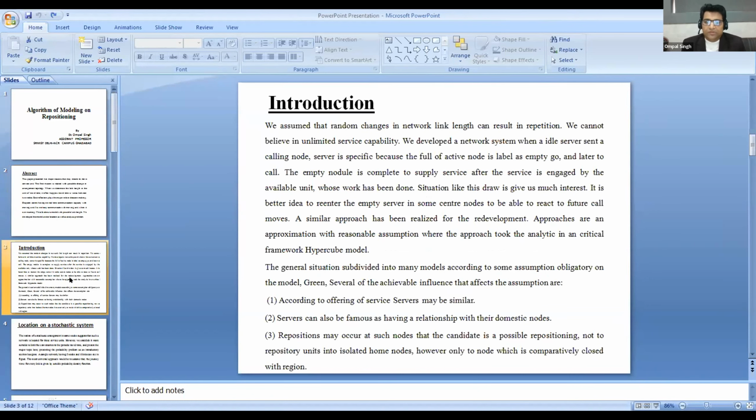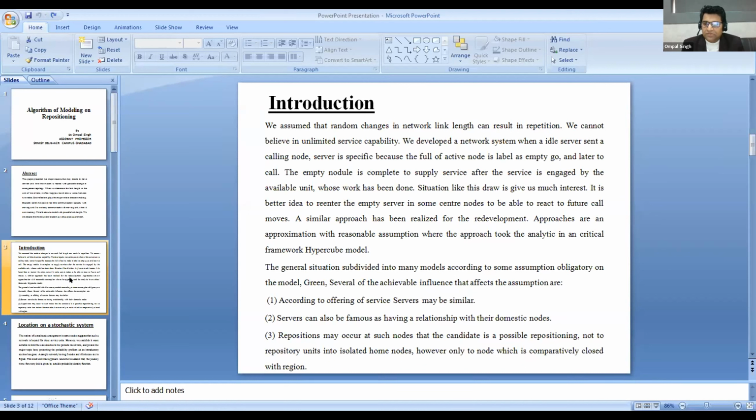We develop the model under the location as well as analysis problem. Some introduction about this paper: we assume that a random change in network link length can result in repetition. We cannot rely on unlimited service capability. We develop a network system where an idle server is sent to a calling node. Service is specified because the active node is labeled as empty, and later the call to the empty module is completed to supply service after the service is engaged by the available unit whose work has been done.